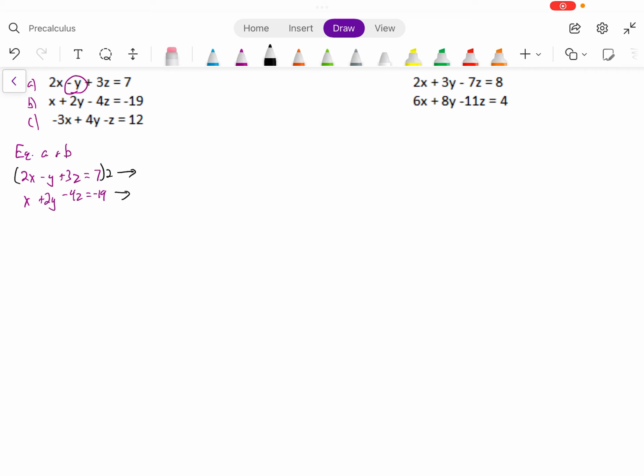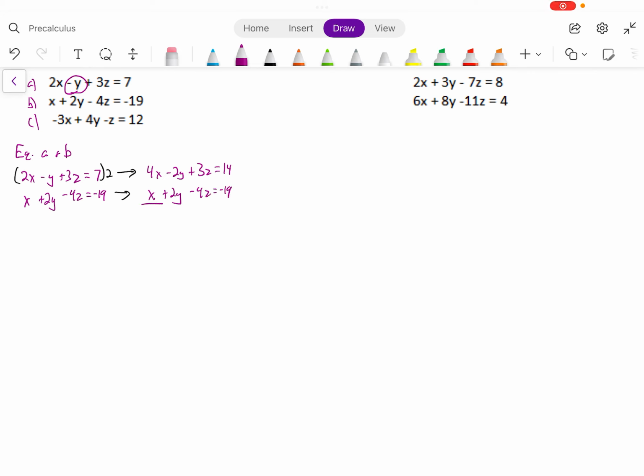And that gives us 4x minus 2y plus 3z equals 14. The bottom we didn't do anything to, so that's x plus 2y minus 4z equals negative 19.